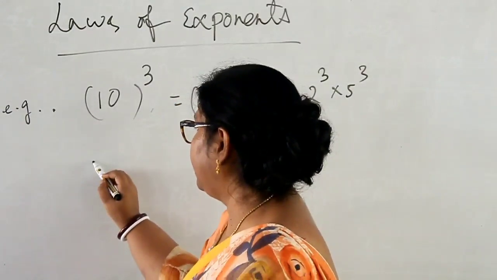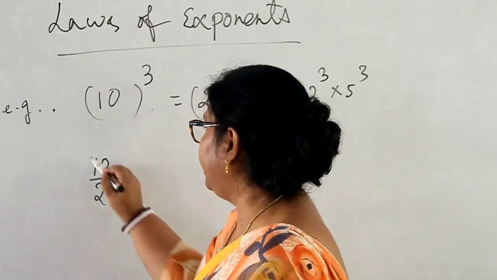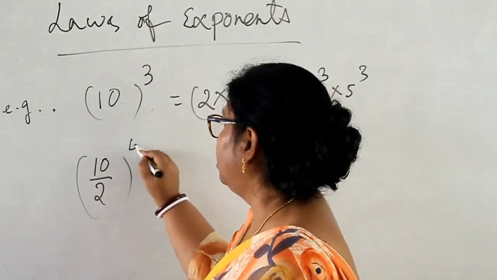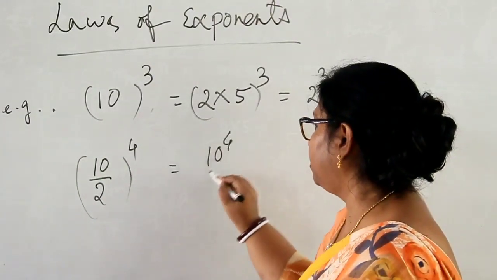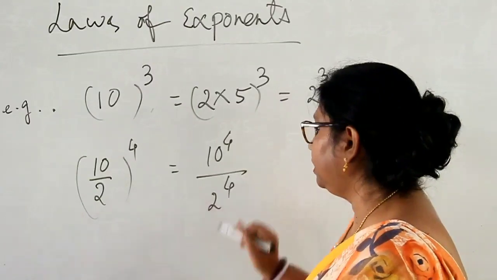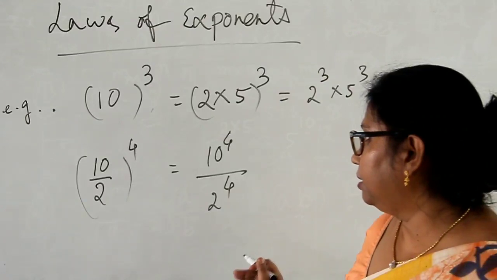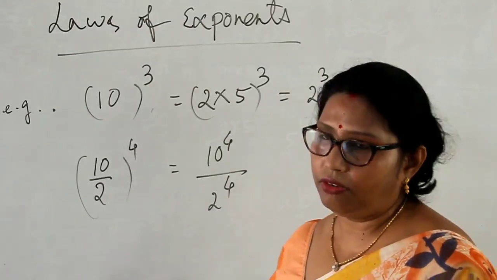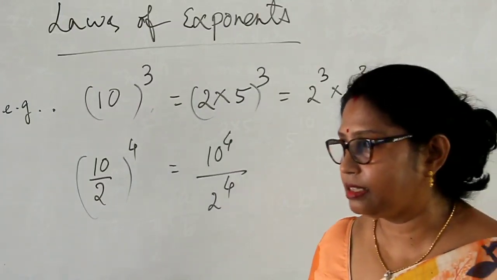The second example we are going to have is 10 by 2 whole to the power 4. Then I can write it as 10 to the power 4 divided by 2 to the power 4. So these are the main laws of indices which we have discussed.